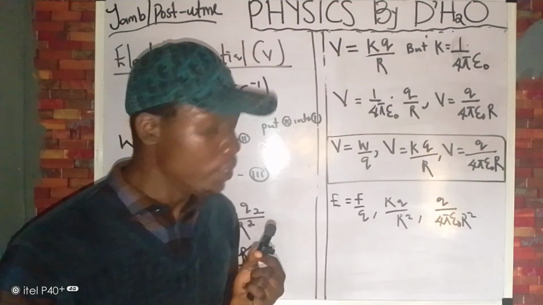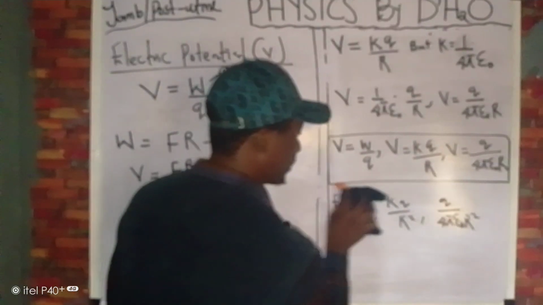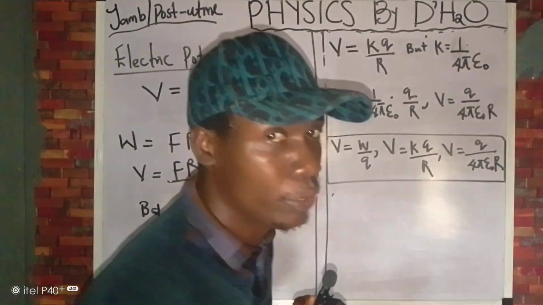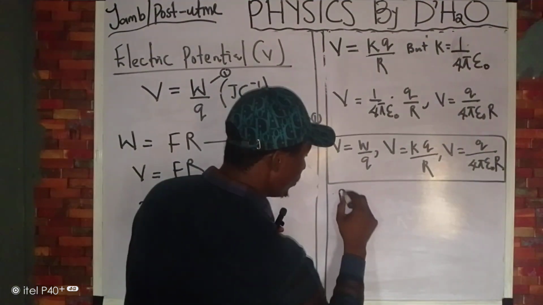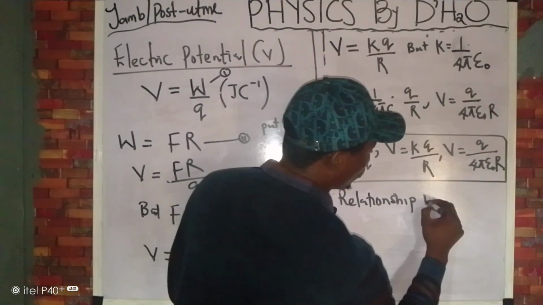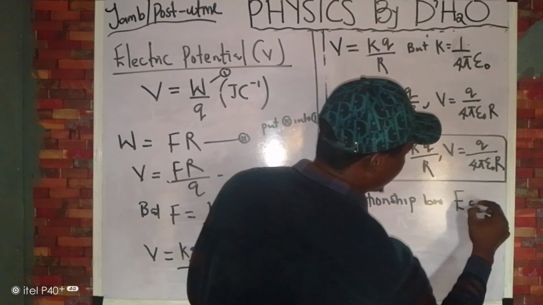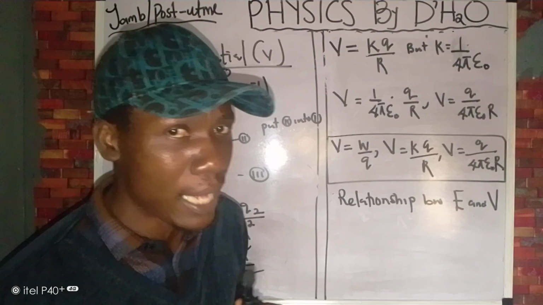Good. So be careful. Again, there's a formula that relates electric field intensity and electric potential. So let's do that quickly. Relationship between electric field intensity and electric potential. Now let us cut it short without wasting our time.